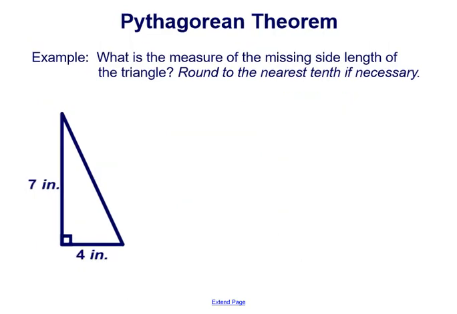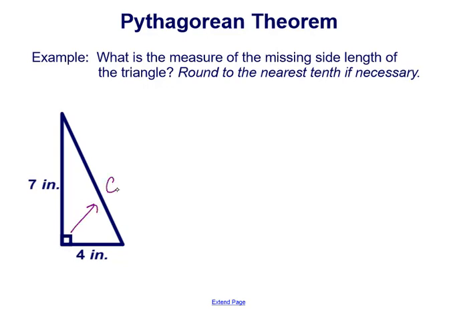Now let's look at another example. Again, the directions are to find the measure of the missing side length of the triangle and round to the nearest tenth if necessary. Looking at our triangle, we have to identify, are we missing a leg or are we missing the hypotenuse? In order to determine that, let's first look at our right angle and find the side across from the right angle.